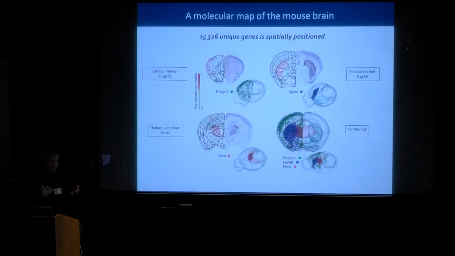So the low-hanging fruit obviously is to look for clear markers for the different regions. So here you have the cortical marker. This is a thalamus marker. This is a striatal marker, and so forth. So this is generating data. You could just cherry pick your favorite genes, and you could position these in a 3-dimensional framework and look for that.